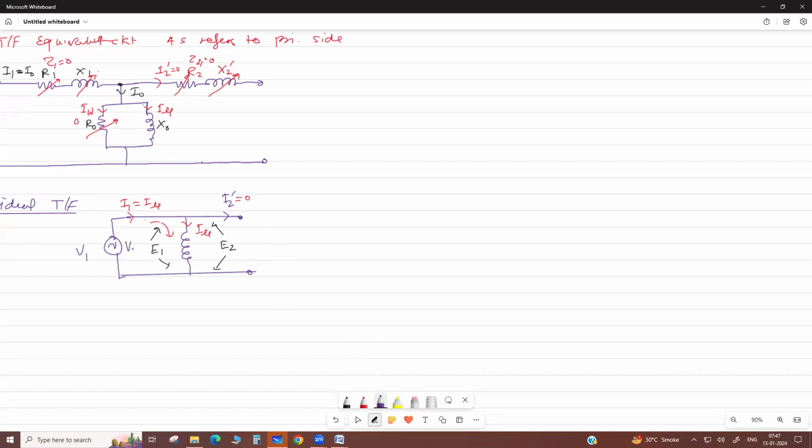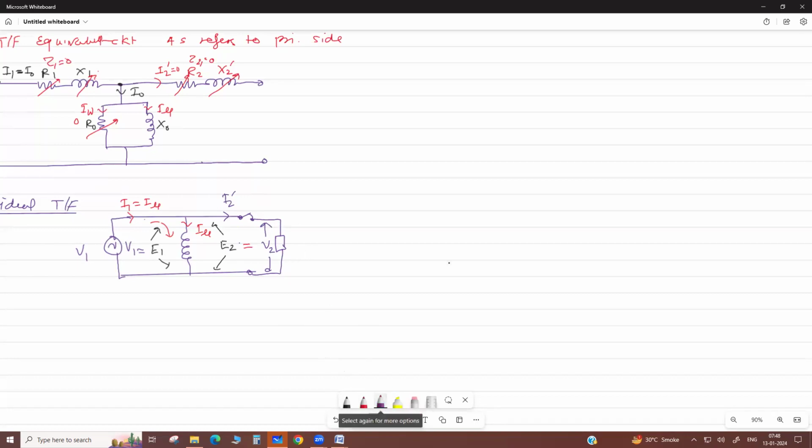It means V1 is equal to E1, and if you connect the load, this is equal to V2 also. When there is a load and this terminal voltage V2, there is no drop because the impedance drop is zero. Okay, so E2 equals V2 also.